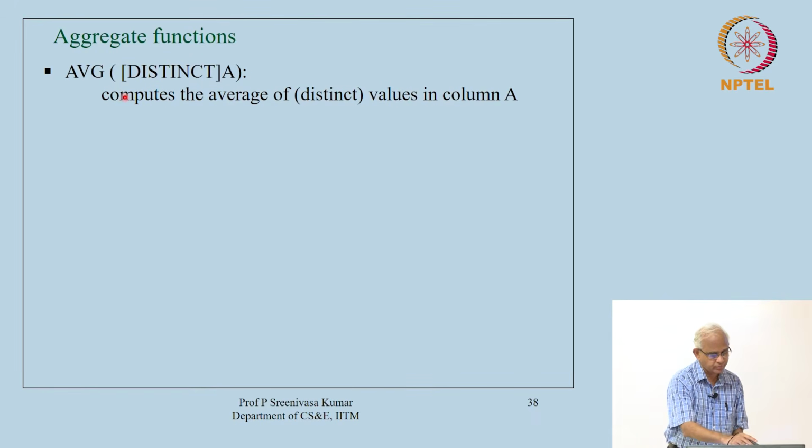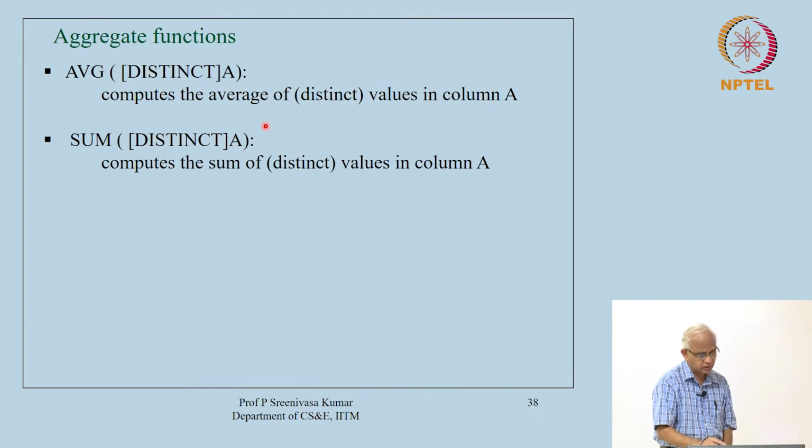So, average, within braces, you need to mention the attribute name, and you can optionally prefix it with this word called distinct if you want to compute the average of the distinct values in that particular column, or if you want all values in the column, depending on whether you want all values or only the distinct values, you can use this keyword to indicate that. So, it is an optional keyword.